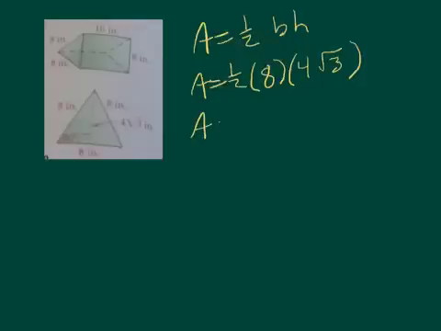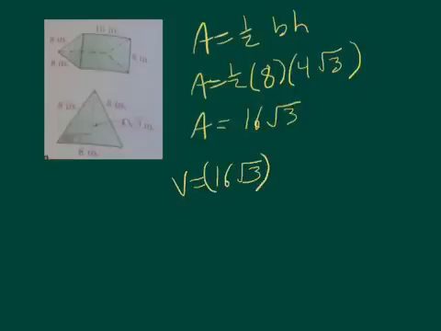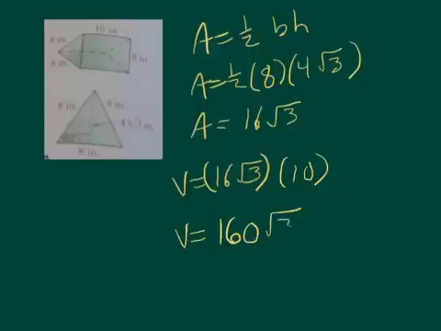So the area of the face is equal to 16 root 3. Now when we go to find the volume, the volume is equal to the area of the base, which we just found is 16 root 3, times the height, which as we see up here is 10. So 16 root 3 times 10, or the volume would be 160 root 3.